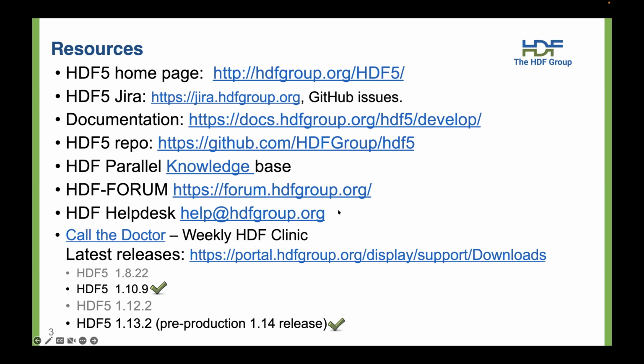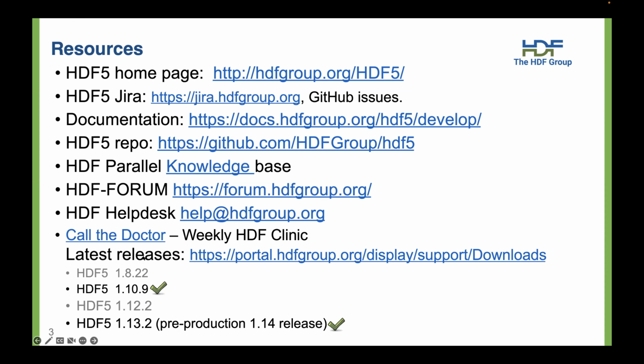You can also send a help email to the help desk at HDF5. And we also hold a weekly HDF clinic. It's usually only 30 minutes each Tuesday, and we have people at the HDF Group man the desk. So if you want to just ask a question there, you can do that as well. You just have to register.